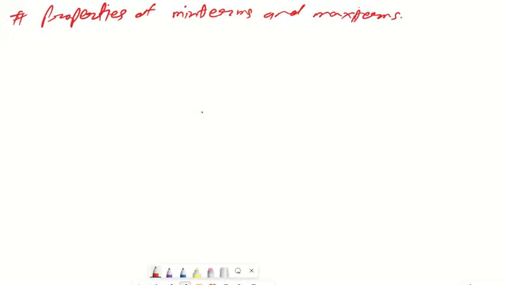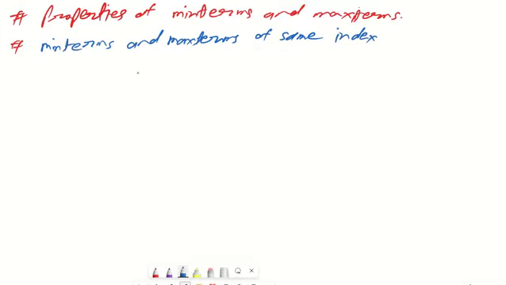So as you can see, number 1: the min term and max term of the same index are mutually exclusive to each other.